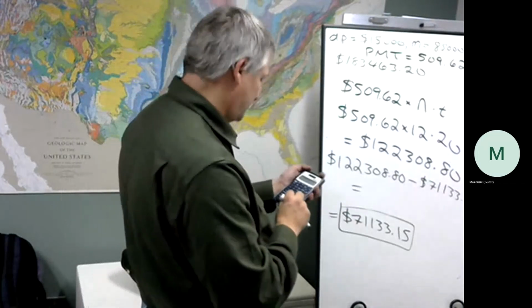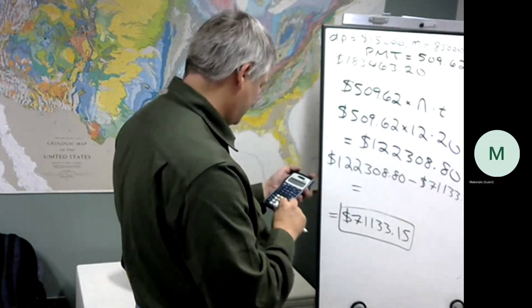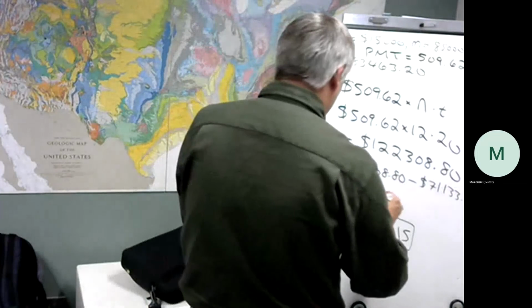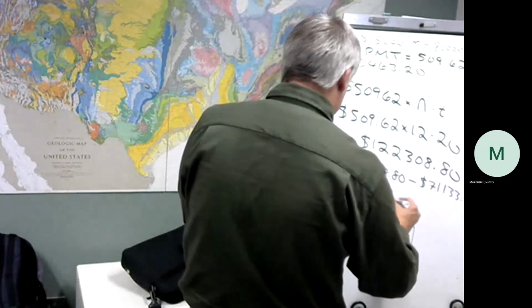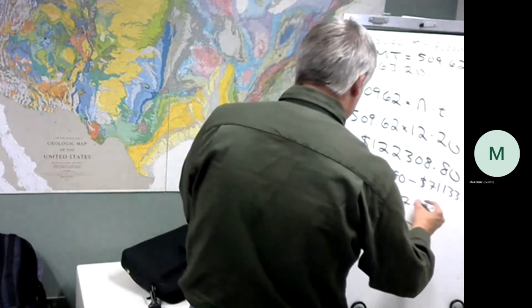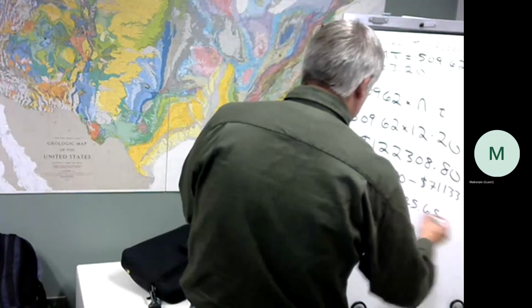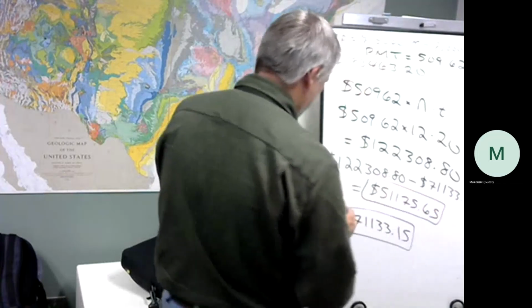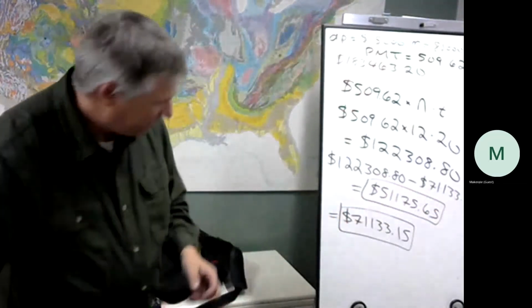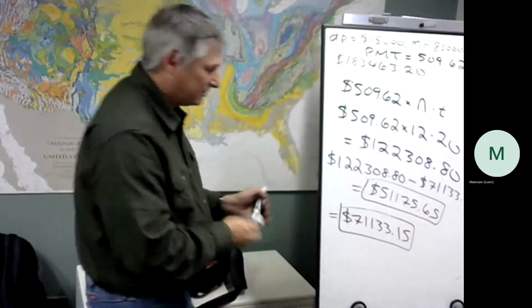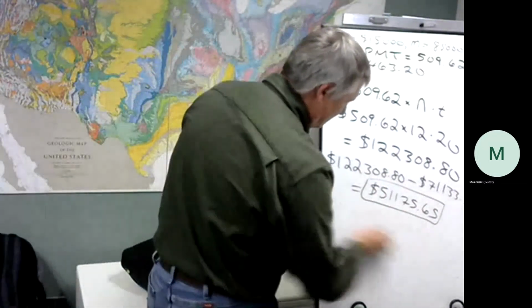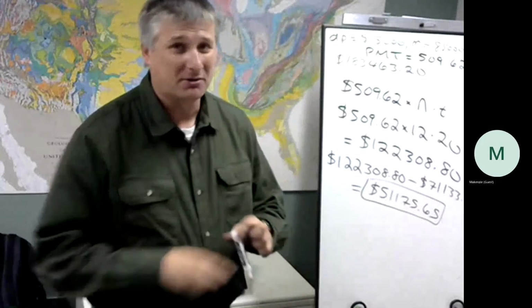And so we save a whopping $51,175.65. So if we pay it off 20 years early, we save over $51,000.